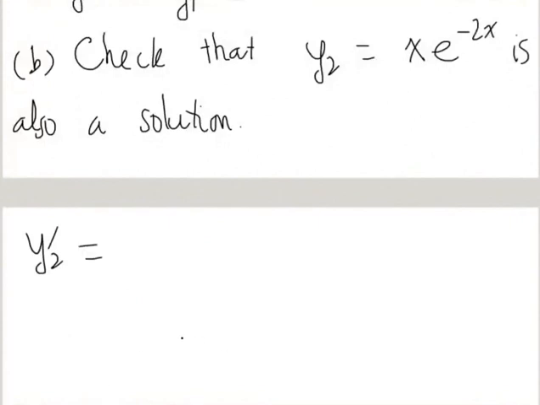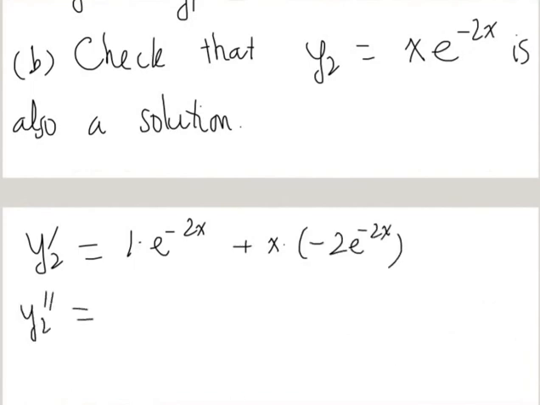The derivative of y2, we need to use the product rule. Then we have 1 times e to the minus 2x plus x times minus 2 e to the minus 2x. And we need to take the derivative one more time: minus 2 e to the minus 2x.